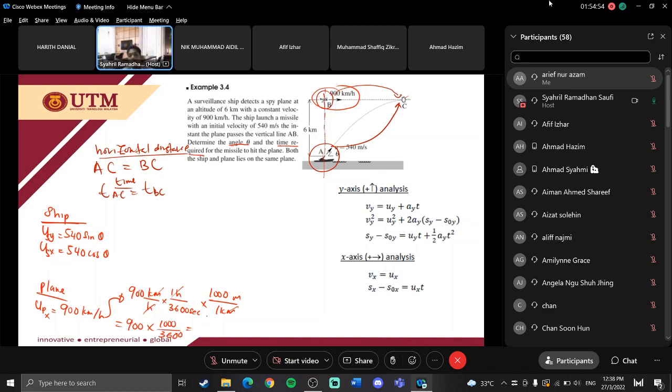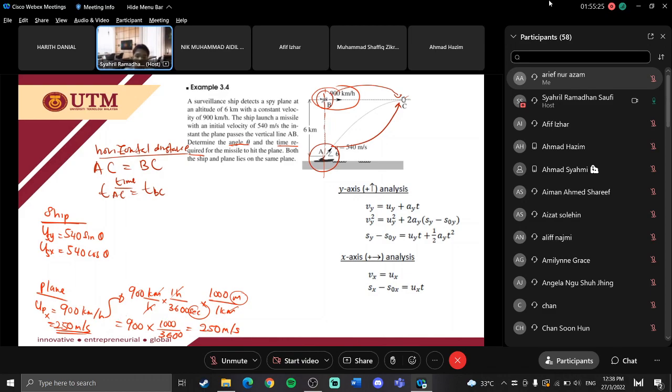This is how you change the unit from kilometers per hour to meters per second. Then you get 250 meters per second. So u_px is 250 meters per second. This is the initial velocity of the plane.